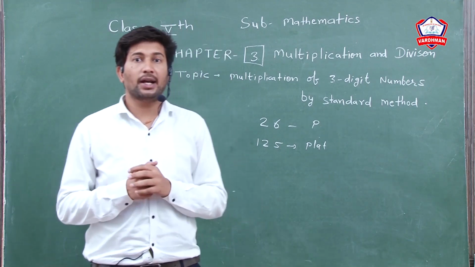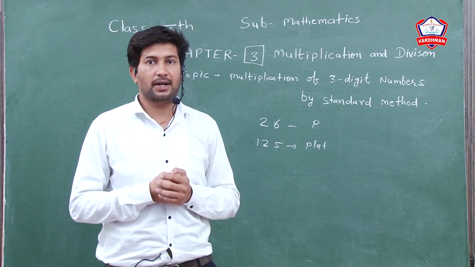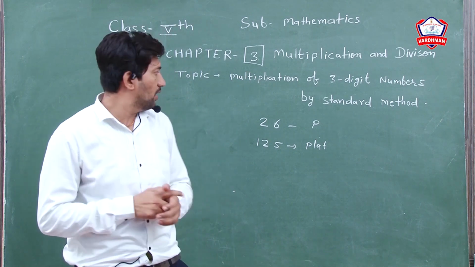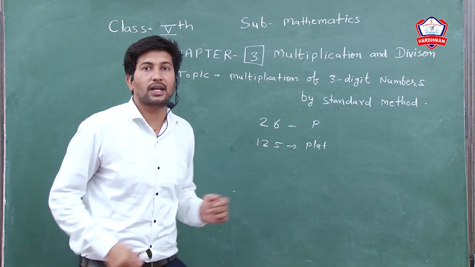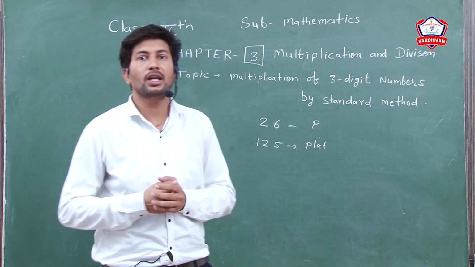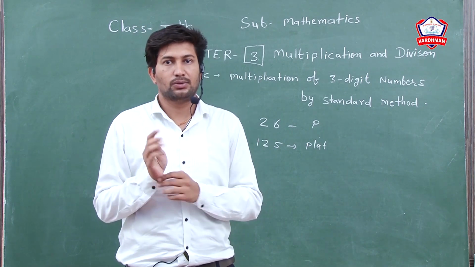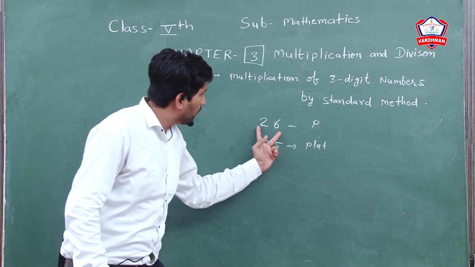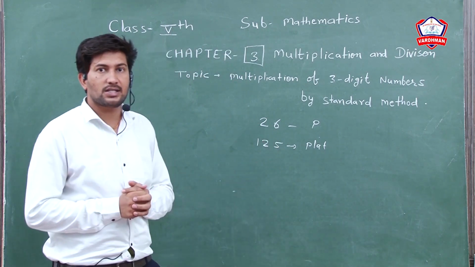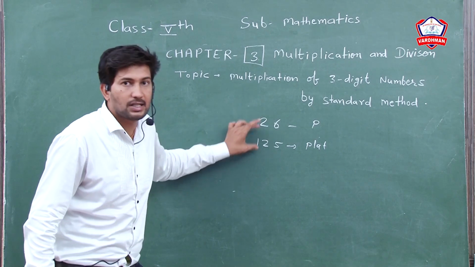Now, you can work out in your mind how much money all the 26 people have paid. How much money? To find it, we will multiply these numbers.